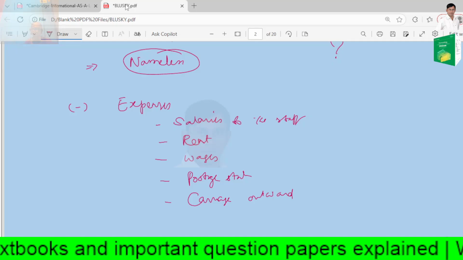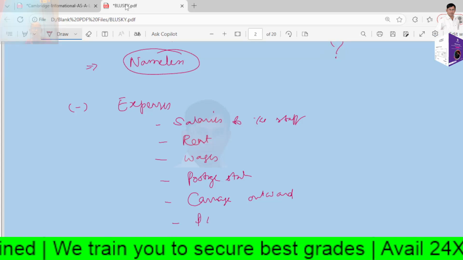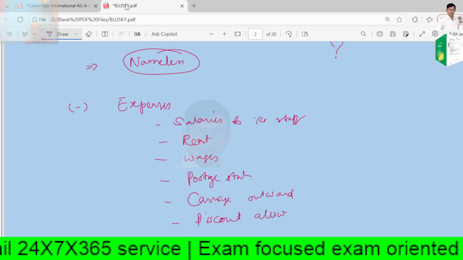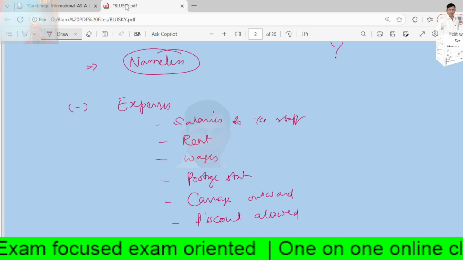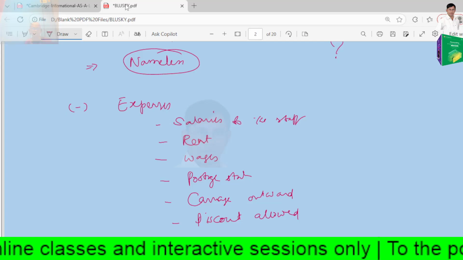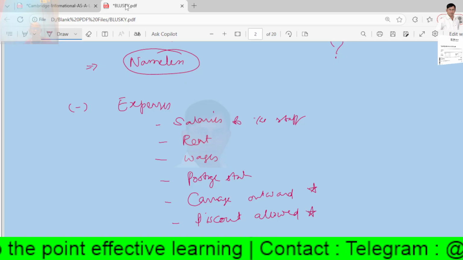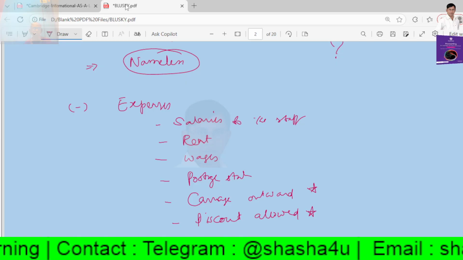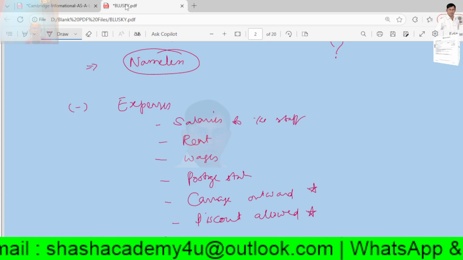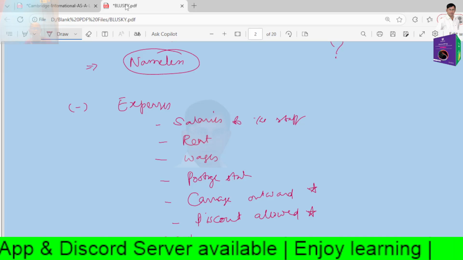Discount allowed also. Discount received is part of other income. Discount allowed is coming here. Remember, this is very important. A lot of students commit mistakes here. Discount allowed should come here. Then whatever you get after you deduct is profit or loss.